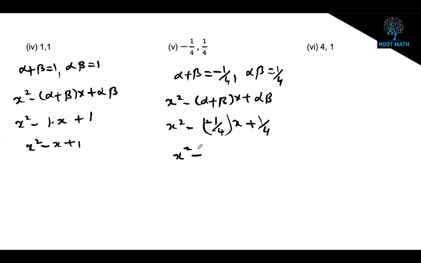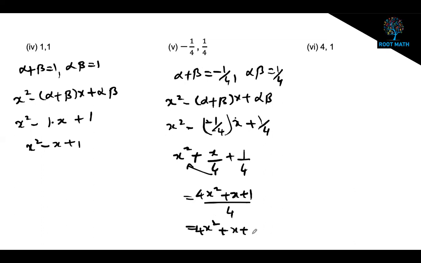So x squared, minus into minus is plus, so x over 4, fraction multiplication, the x will come to the numerator, and 1 over 4. Here, when you take the LCM, it will become 4x squared plus x plus 1 by 4, which is equal to 4x squared plus x plus 1, the required polynomial.